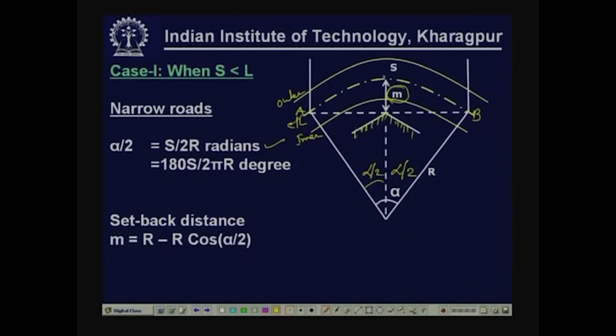Now, what is this setback distance? Suppose this point is C in the middle and this is O, and this point is D. Let me circle it with some other color.